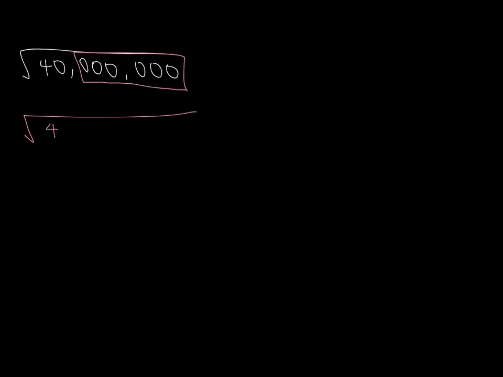Square root of 40 million. Okay, so we're going to count our zeros, and there's 7, so I'm going to pull out 6, put a 1, and then my 6 zeros.